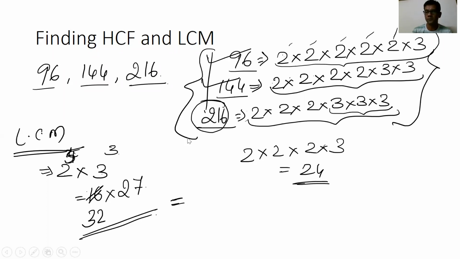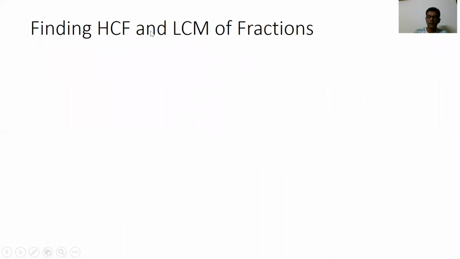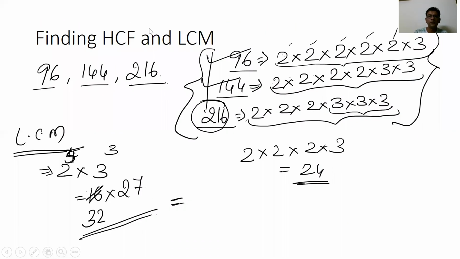So all you have to do is, for HCF, the common factor, which is common across all the numbers given. And for LCM, it is the highest power of all the prime factors that you have. I'm just taking a few seconds here, because there are some people who put a chat.